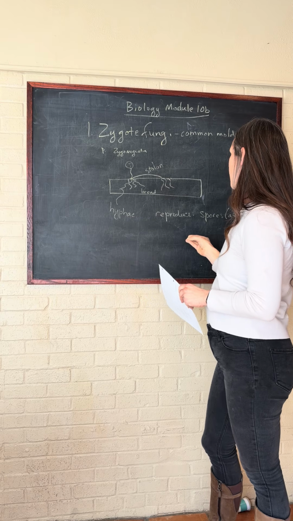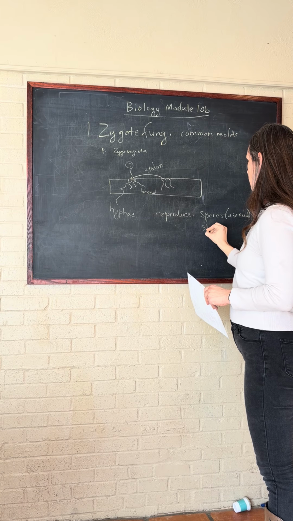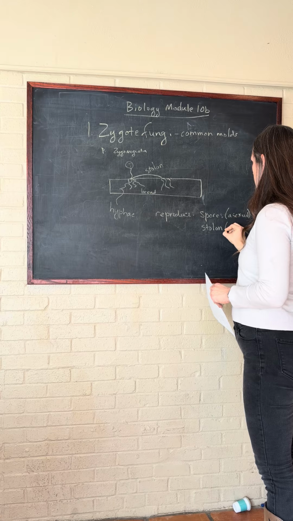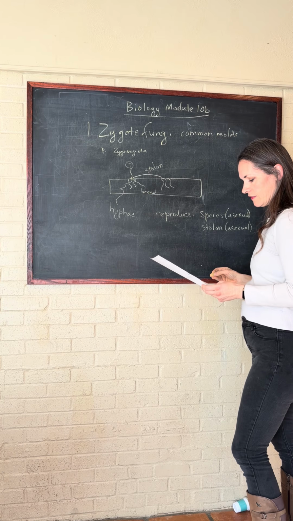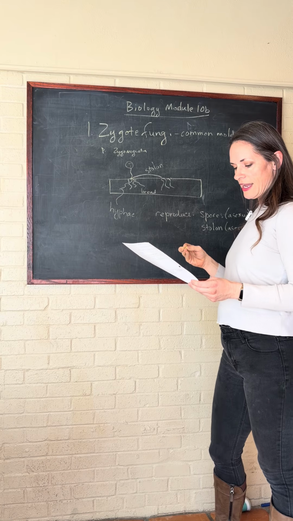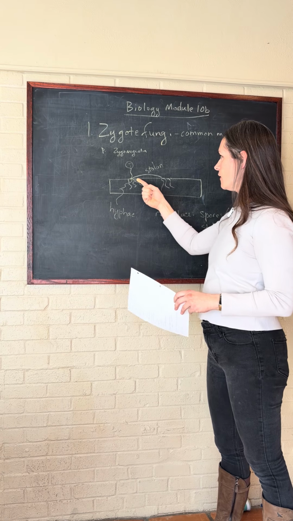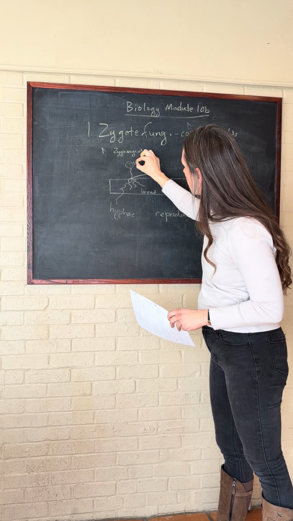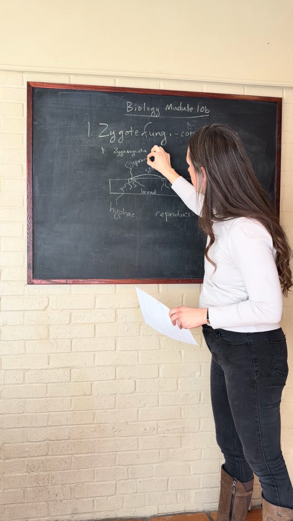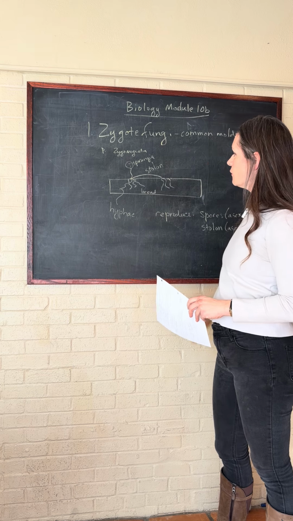And again, this is asexual reproduction. Okay, so it can propagate itself that way. And those are two asexual ways, via the sporangia, making spores, via the stolon, going and planting itself over here.